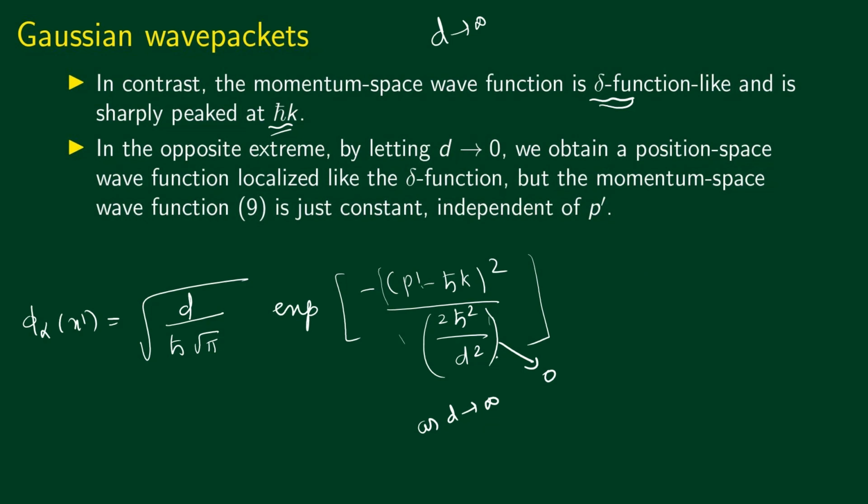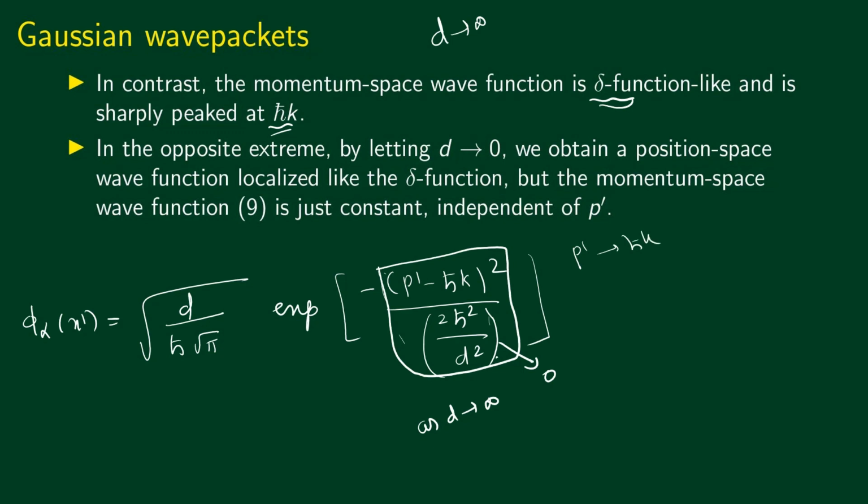What happens when p prime minus h bar k is very small? Now, the denominator 2h bar square divided by d square could become very small. It could go to 0. But p prime minus h bar k also could go to 0. Then we have got two small numbers divided. In other words, this term does not tend to infinity when p prime tends to h bar k.